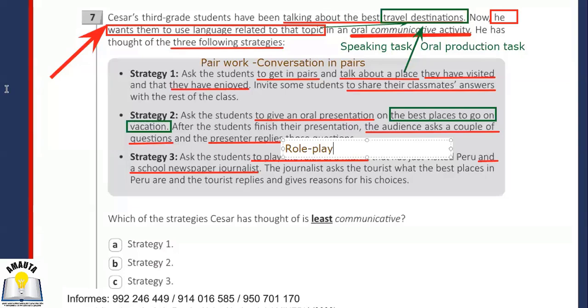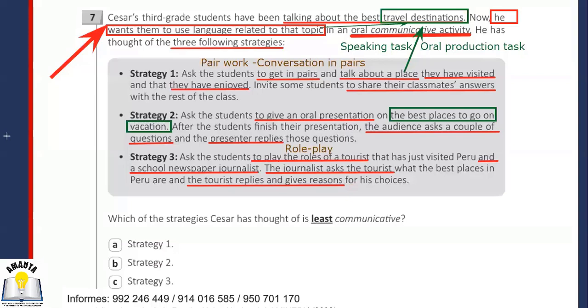A tourist that has just visited Peru, right? The journalist asks the tourist what the best places in Peru are, okay? And the tourist replies and gives reasons.